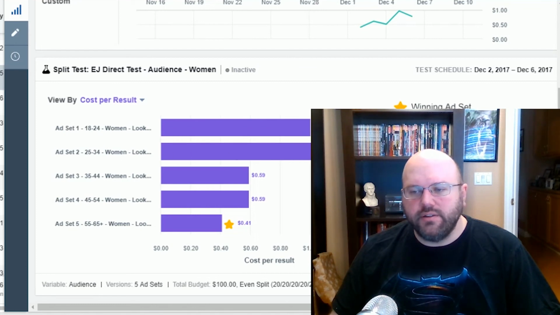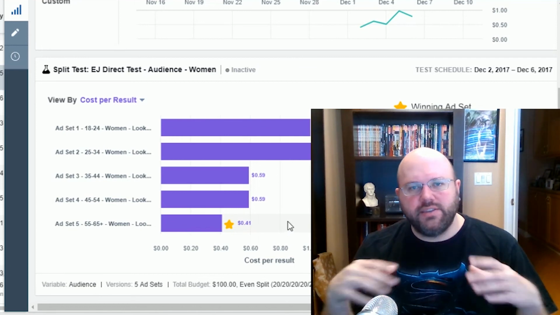So if you look here, it's $1.18 per click for 25 to 34-year-old women. But we see a significant drop in the 35 and over demographic at 59 cents, basically 60 cents, for women aged 35 to 54, and then around 40 cents for women age 55 and over.